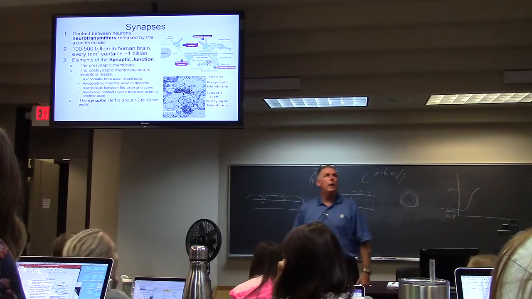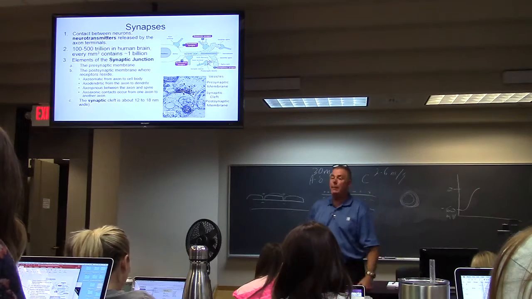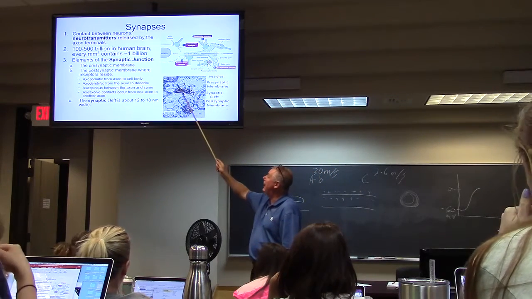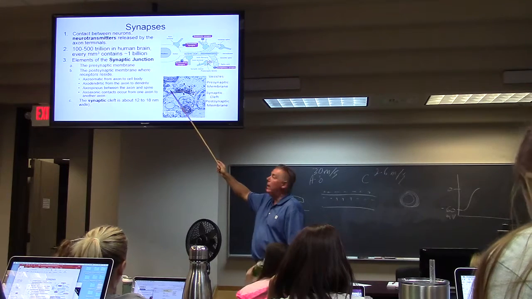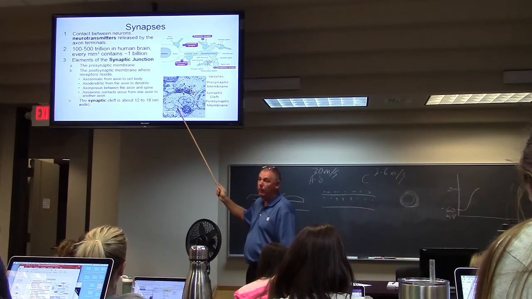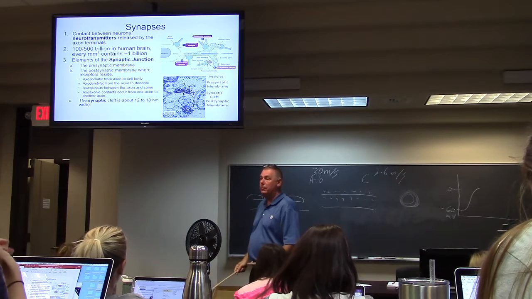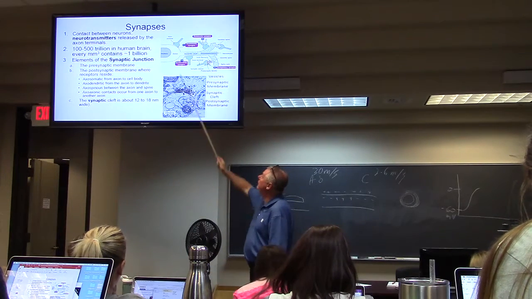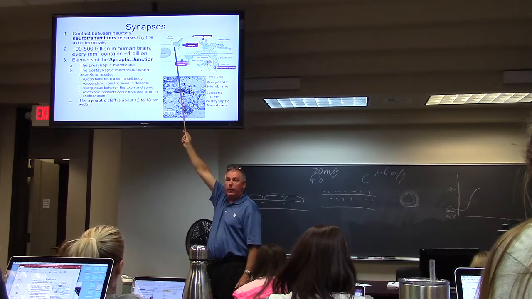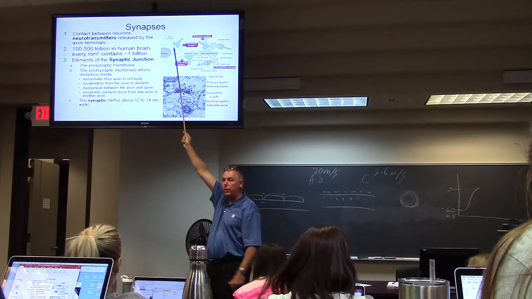All right. The elements of a synaptic junction. You've got a presynaptic membrane, so this is the axon terminal here. And then you've got the postsynaptic item. What that item is can be very variable. Synapses can occur directly on the body of the subsequent neuron.